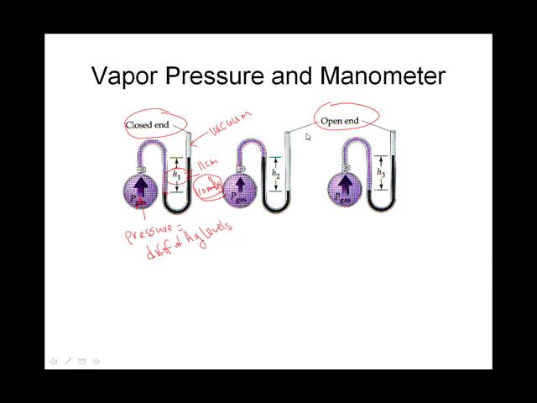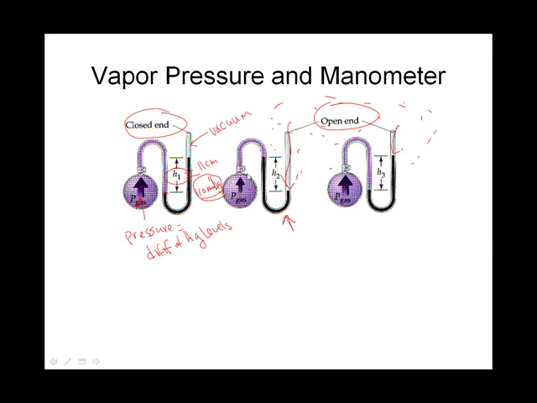Over here, the open end is slightly different because there are gas particles outside, and these gas particles are the atmospheric pressure hitting down on the mercury levels on the side. There are two different situations provided for you. Here, the mercury level is higher on the manometer end, and over here on this side, the mercury level is higher on the atmospheric end. So let's actually explain this one first.